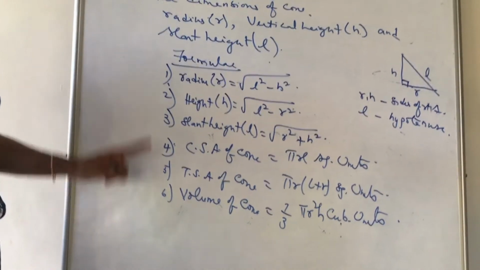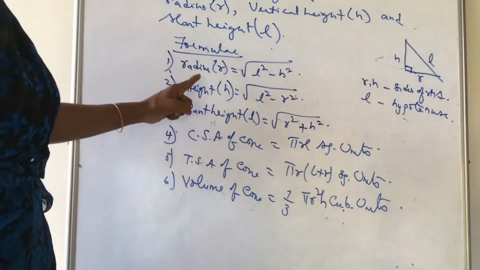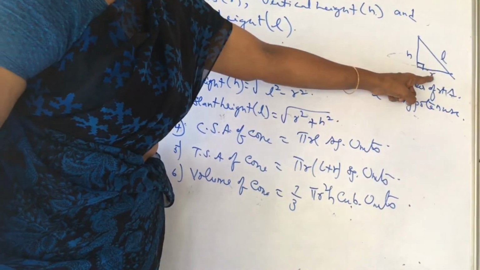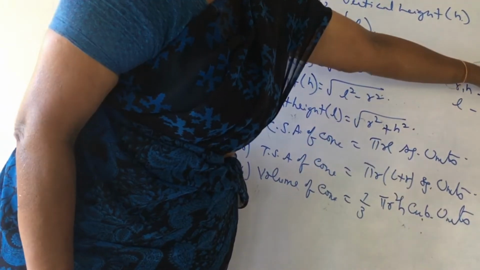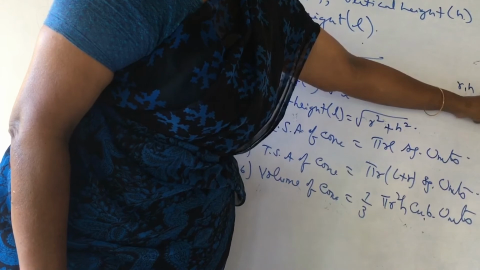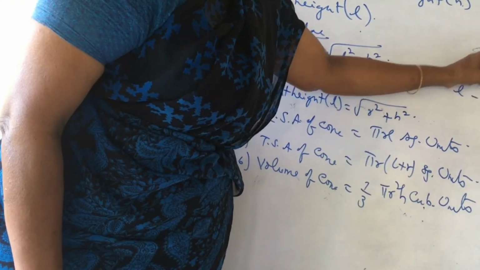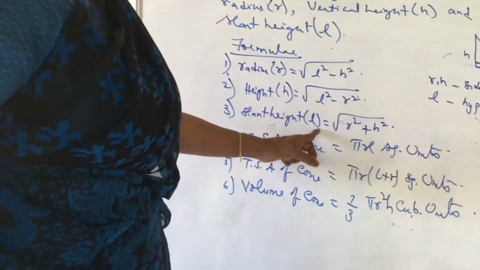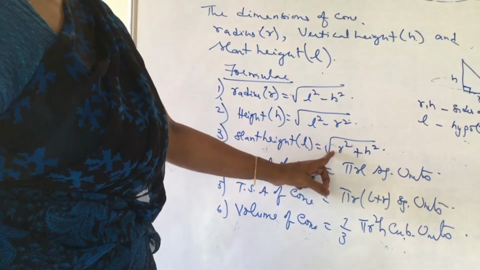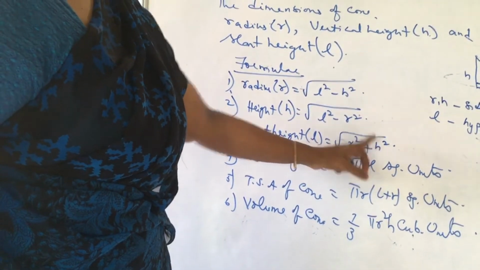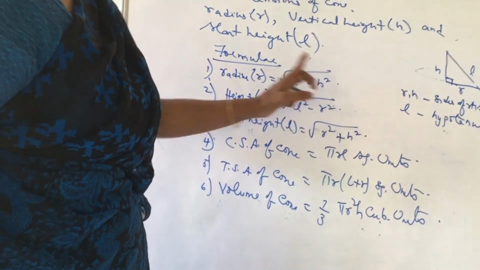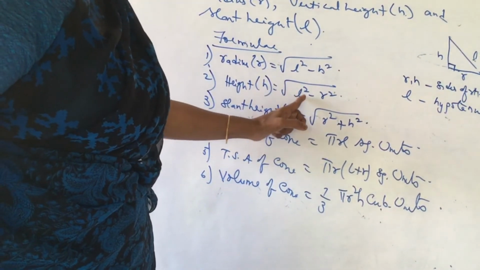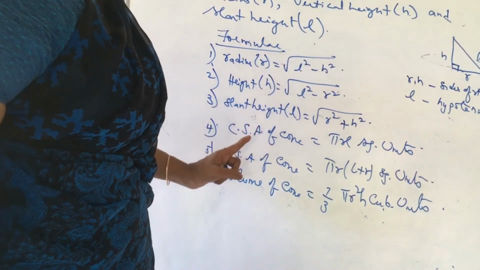Side square plus side square is equal to hypotenuse square. r square plus h square is equal to l square. Therefore, l is equal to root of r square plus h square. Radius, root of l square minus h square. h is equal to root of l square minus r square.